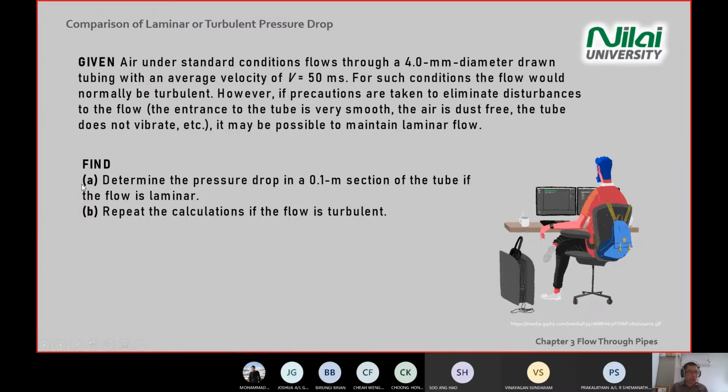First, determine the pressure drop, which means our delta P, in a 0.1 meter section of the tube if the flow is laminar. So the first case is the laminar case. The second is we need to see what happens if the flow is turbulent. We still need to find the pressure drop, but the second case is turbulent.